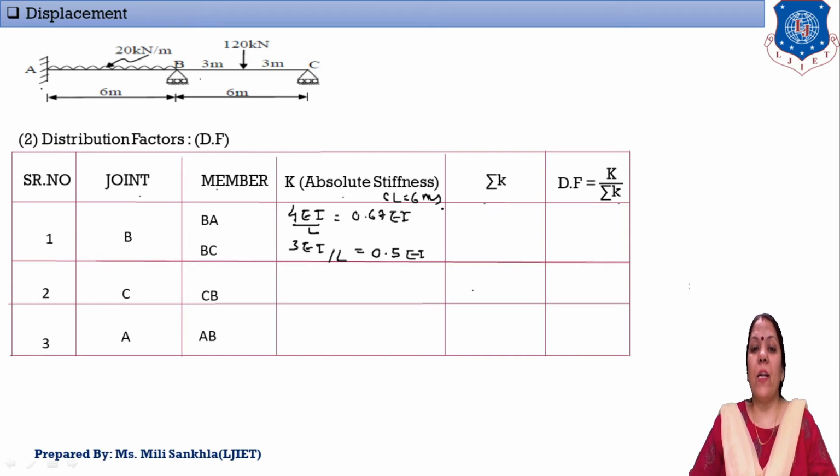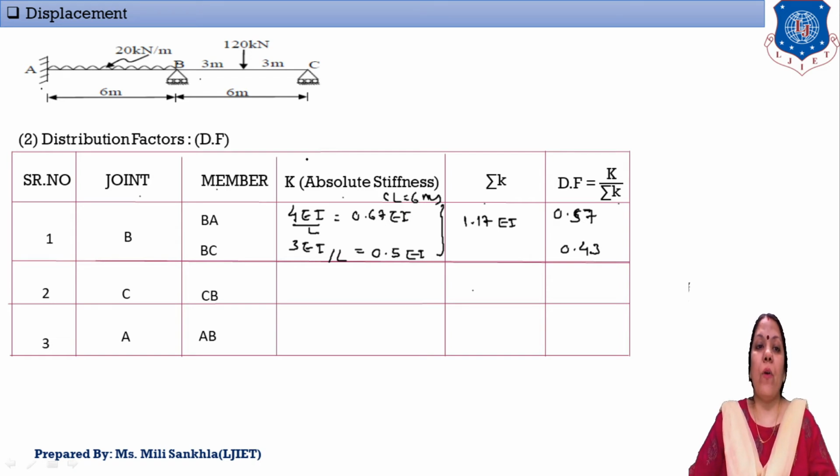Now sigma K, the summation of these two values, is 1.17 EI. Now DF: the first value is K divided by 1.17, which is 0.57, and the second is 0.5 divided by 1.17, which is equal to 0.43.